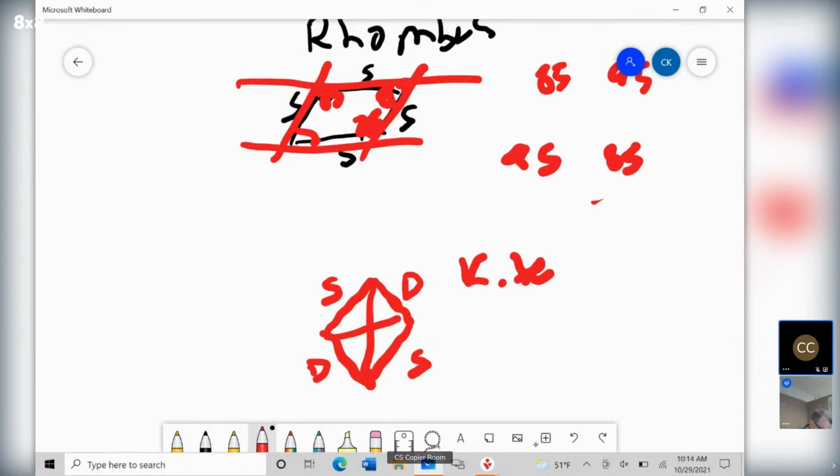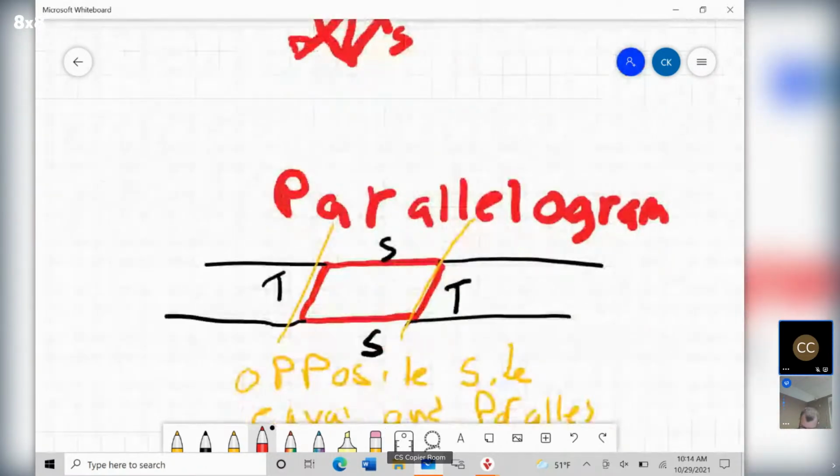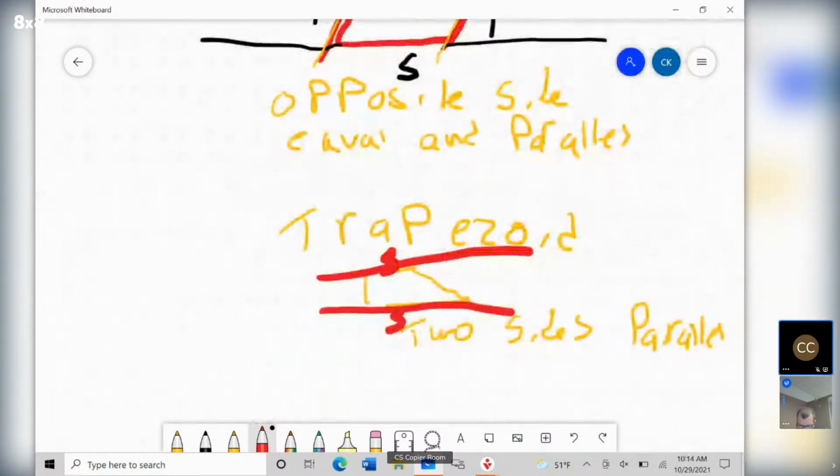So this side and that side are equal, and the D and D are equal. And the parallelogram, opposite sides are equal and parallel. So like this T side right here and that T side right there are going to be parallel forever, just like the S and the S are parallel. And then you have the trapezoid that just has 2 sides parallel.